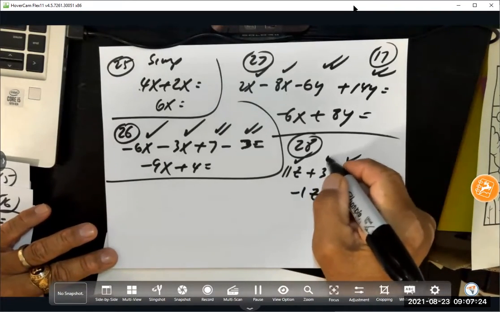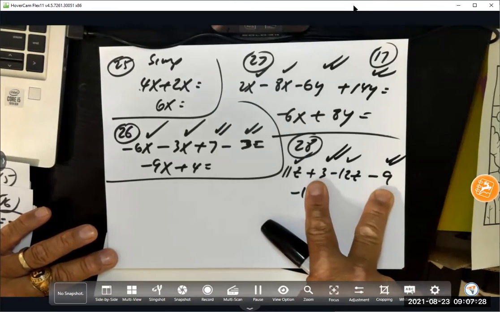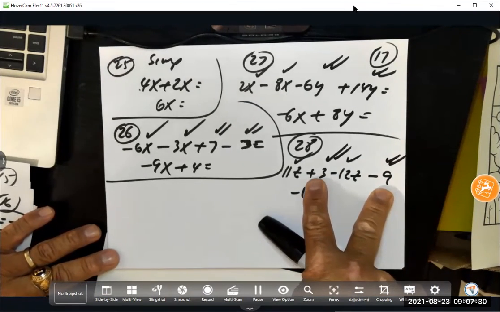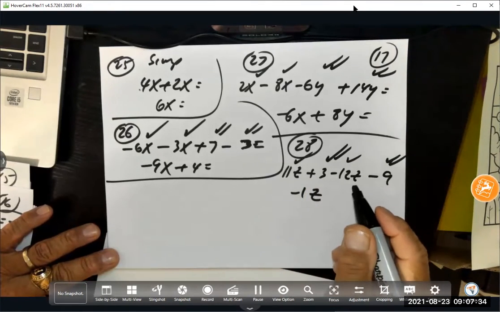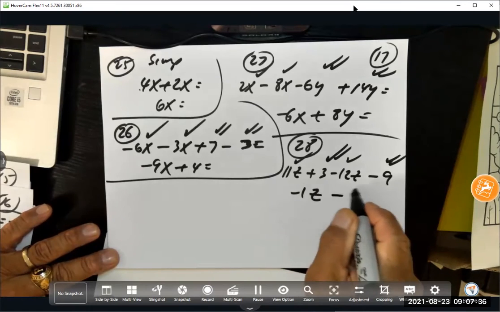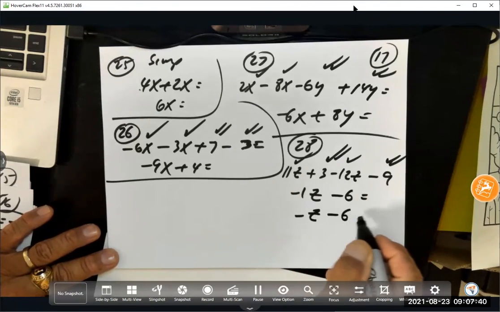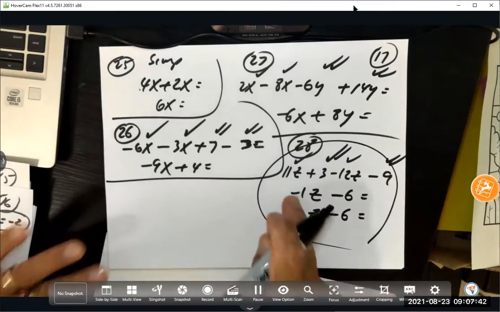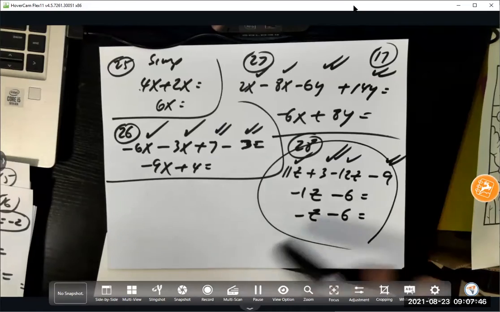And the 3 and the minus 9? Negative 6. Okay. You don't have to put the 1, like you said, you can just put negative z. That's fine. If it's negative 1z, just put the z. That's good for number 28.